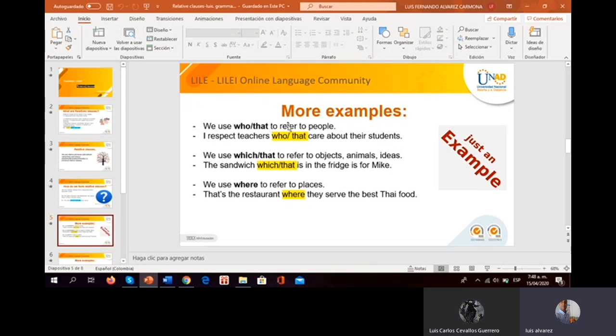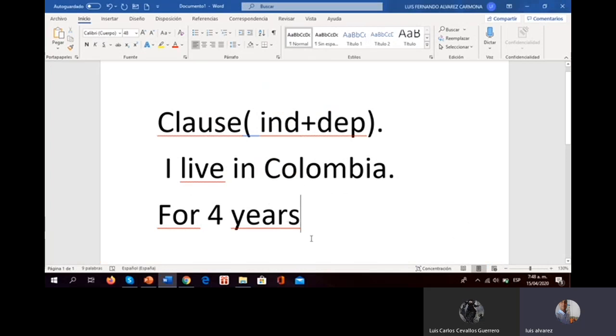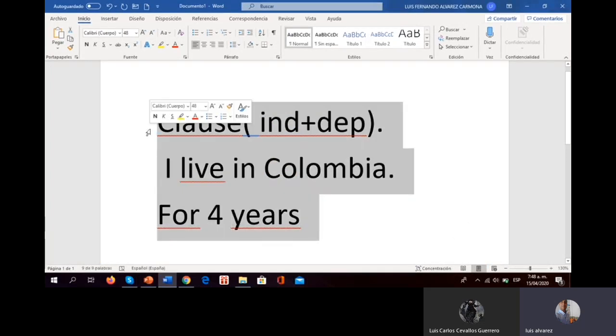So we use who or that to refer to people. So for example, I can say, I like having conversations with people who are easygoing. I like to have conversations with people who are easygoing, right? So I'm talking about people, or I like to have conversations with people that are easygoing. So let's try an example here.